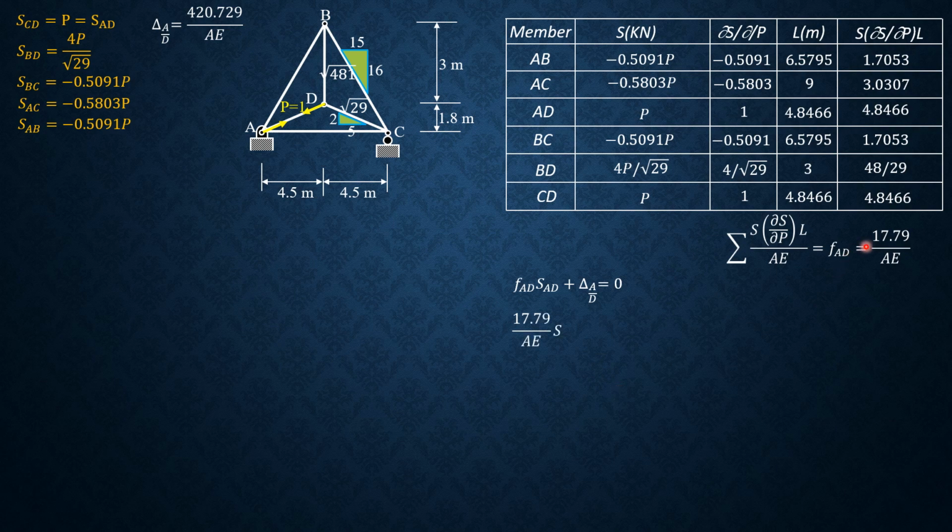So 17.79 over AE times SAD plus 420.729 over AE equals 0. So cancel out AE. So SAD is negative, so that means the force is in compression. Solving for SAD, it is 23.65 kilonewtons compression. So that's it for this problem.